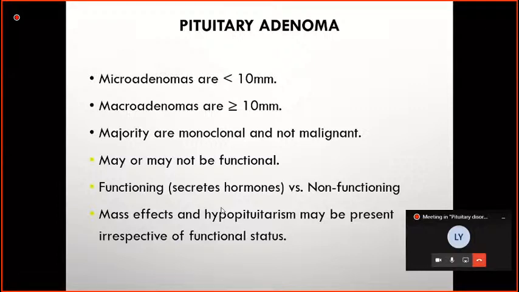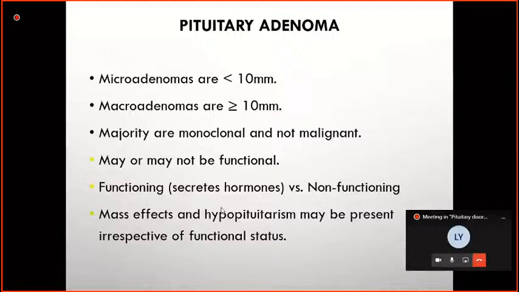So it's either growth hormone, or prolactin, or ACTH. Usually the majority is monoclonal, but you will find later when we talk about prolactin, there is a small percentage that can have prolactinoma with acromegaly as well. Only a small percentage, but enough for you to know. Usually, most of the time, when it is a functional adenoma, it is monoclonal. It involves only one type of cell, so it involves only one specific hormone hyperfunction.